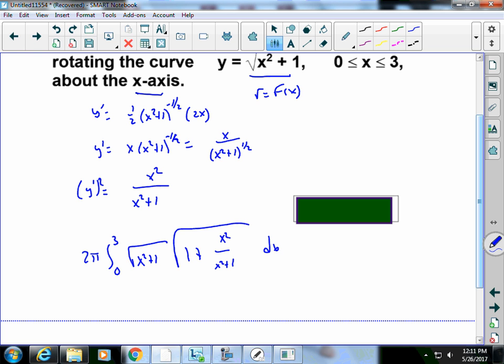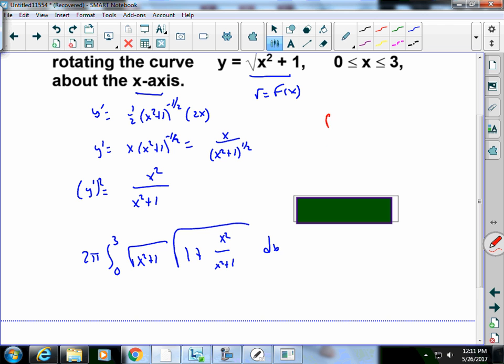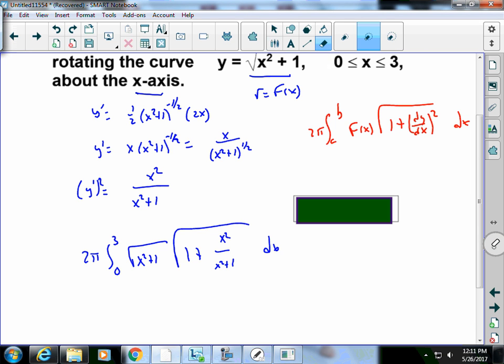Again, we're using this formula here, in case we're not sure: the integral from a to b of 2 pi f of x times the square root of 1 plus (dy dx) squared, dx. That's the formula we're using to solve this, and we're using f of x because we're in terms of x going around the x-axis.